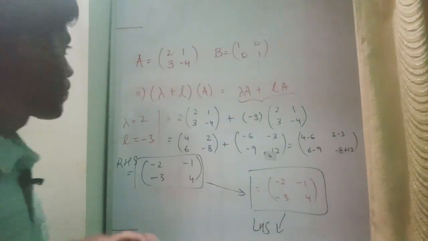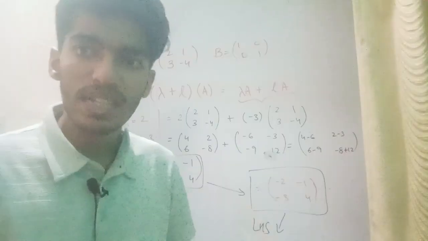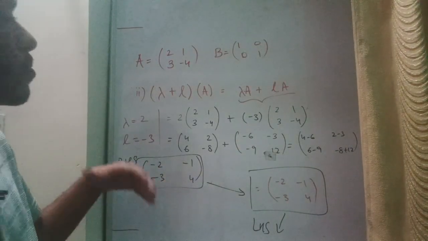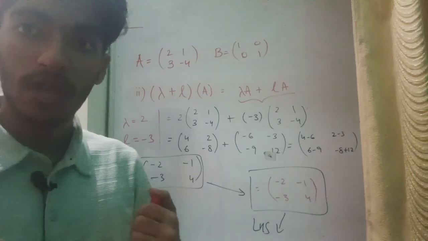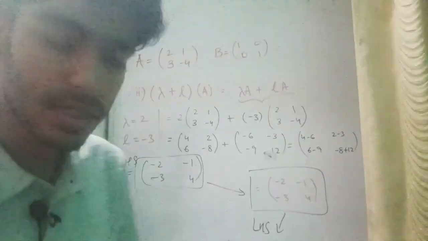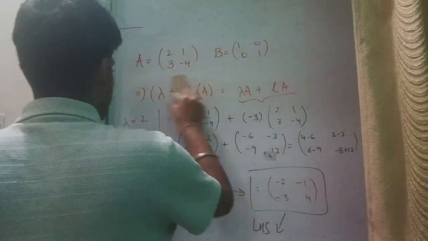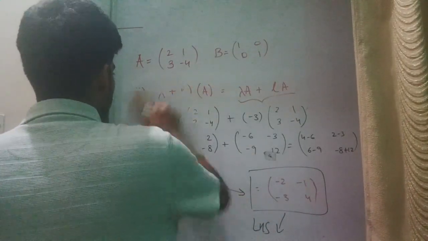So we are done with the scalar multiplication of matrices, and now we will move on to the multiplication of two matrices, right? So here's the board.